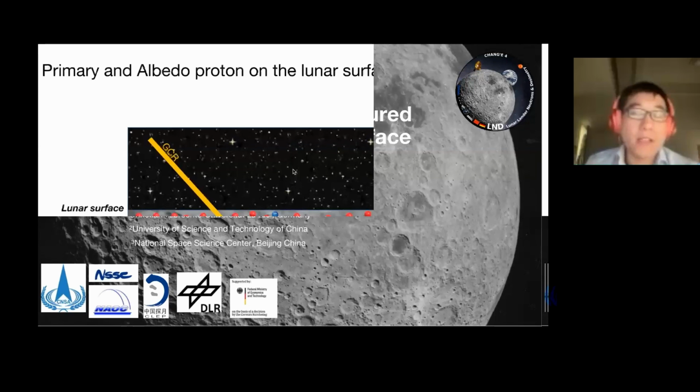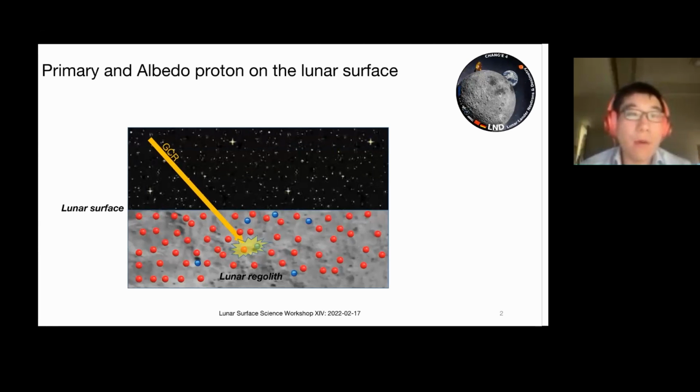Just as I said, the primary particles I mention here are mainly primary protons, meaning the galactic cosmic rays coming from outside of the solar system. They are very high energy, and when they come to the lunar surface, they could interact with the lunar regolith and generate secondary protons and subatomic particles like neutrons.